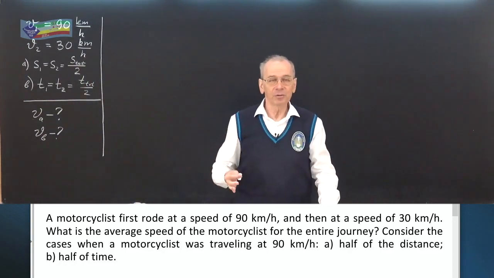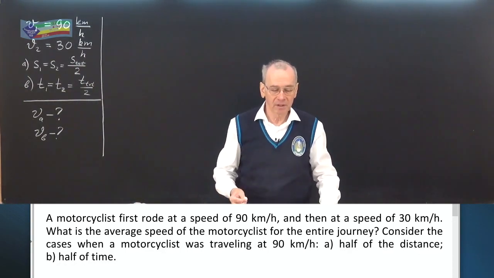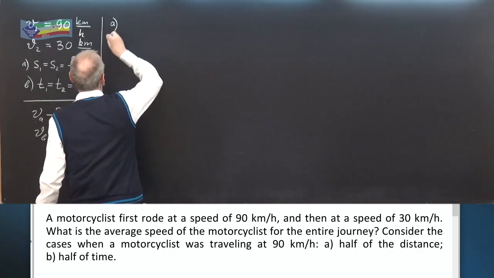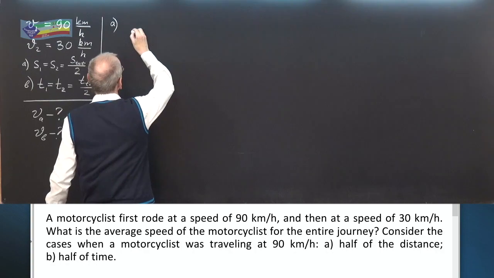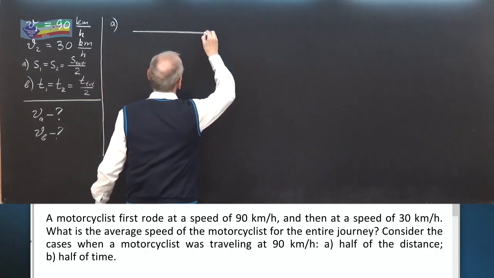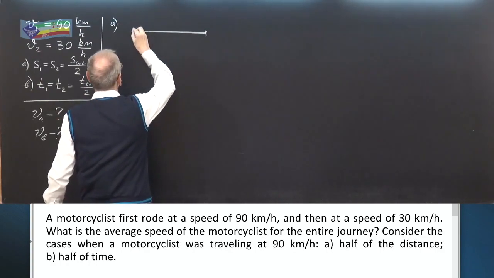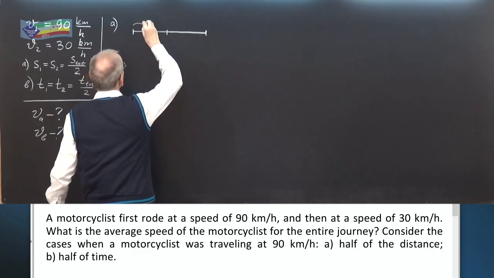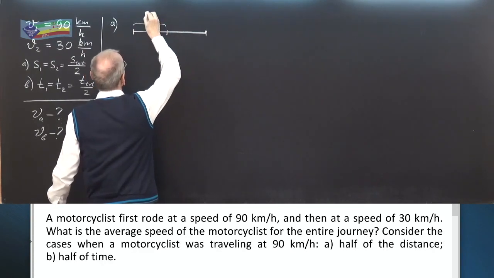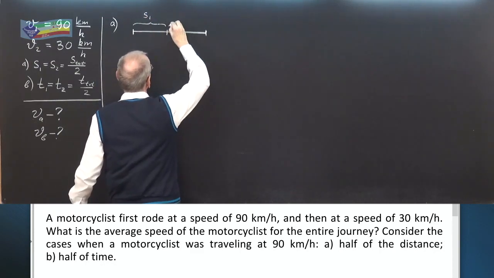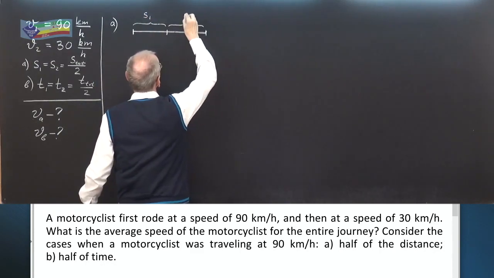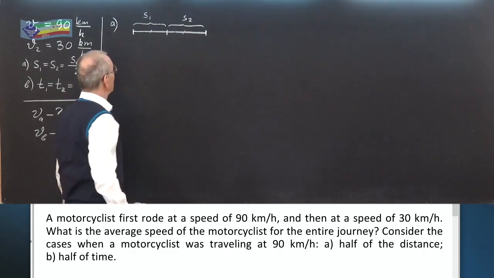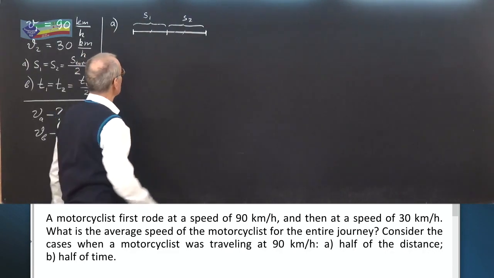We have two separate problems. So, case A. The whole distance is divided into two parts of equal length, S1 and S2. These segments are of the same length.